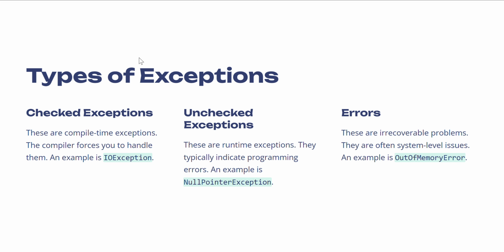They are typically an indication of programming errors. That is, there is an error in your program and you have to fix it. For example, null pointer exceptions. Errors. Now, what are errors? These are irrecoverable problems. These are often system level issues which cannot be handled by the developer or the programmer. For example, out of memory error.